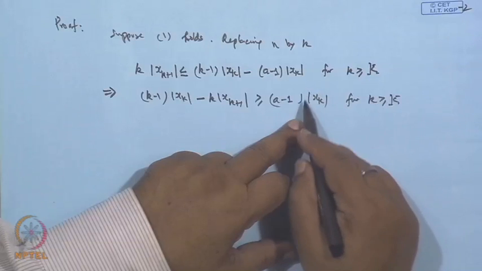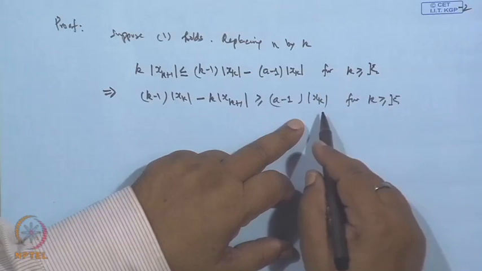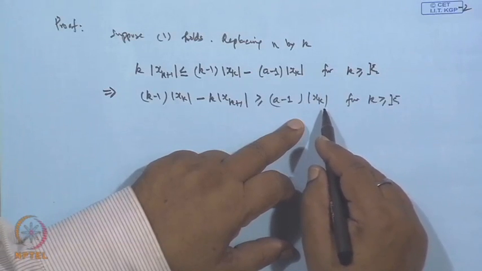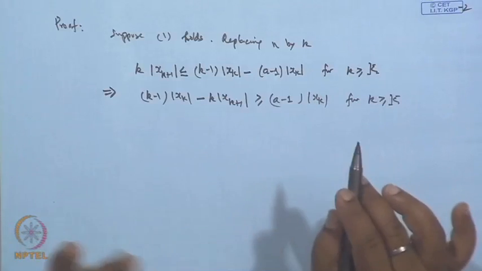This is also a positive quantity because we are choosing x_n as a sequence of non-zero real numbers, so |x_k| will be a positive quantity.